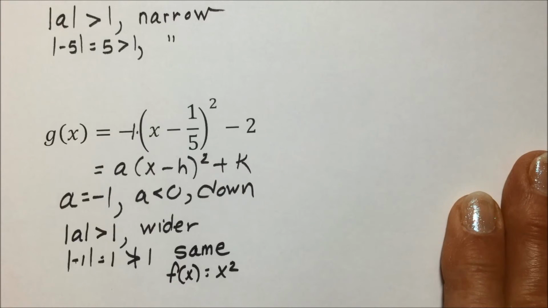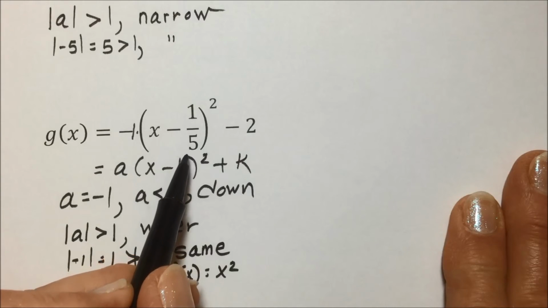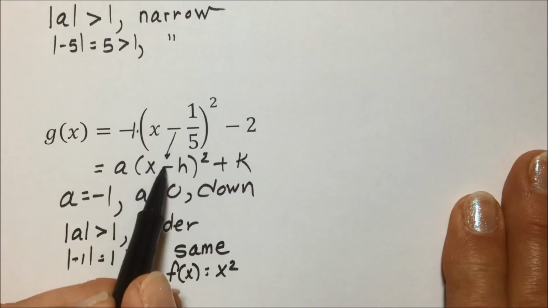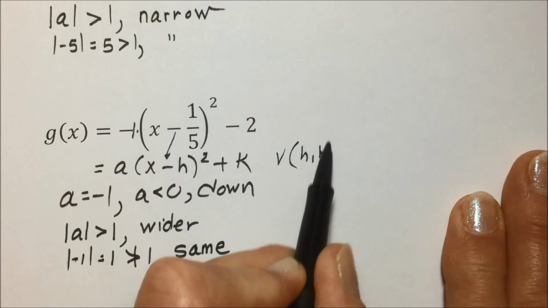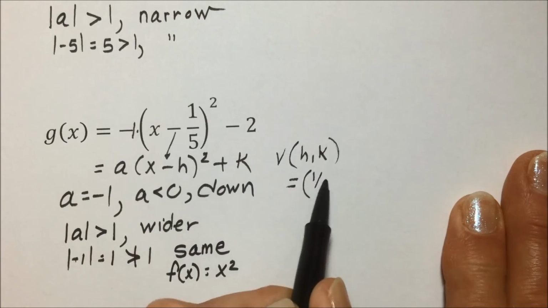Again, this is beyond the directions, but in anticipation of eventually graphing and identifying vertex and so on, we can further identify the h value. Since the signs agree, they're both subtraction, our vertex h, k will have the ordered pair h of 1/5.